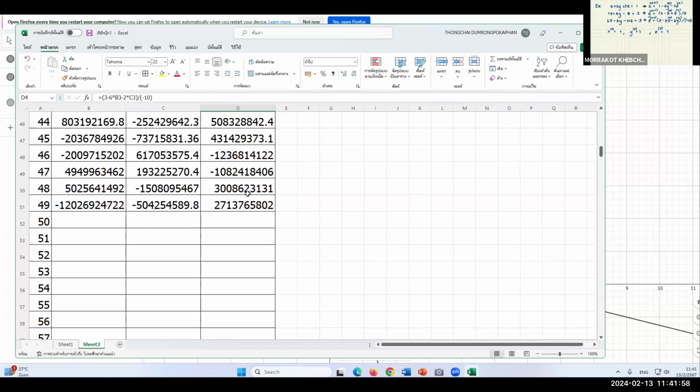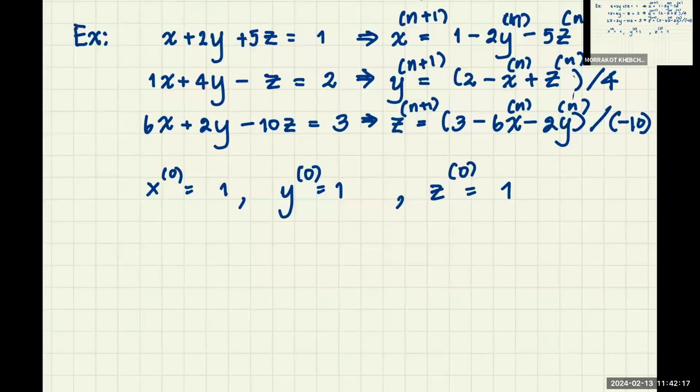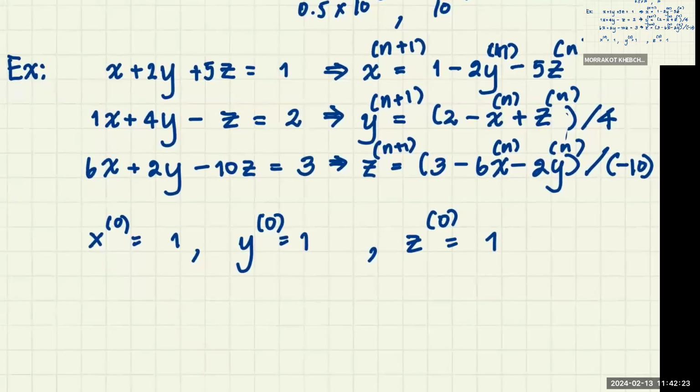I'm sure that this Excel is correct. What's the problem? What do you think? Why is it getting larger and larger?